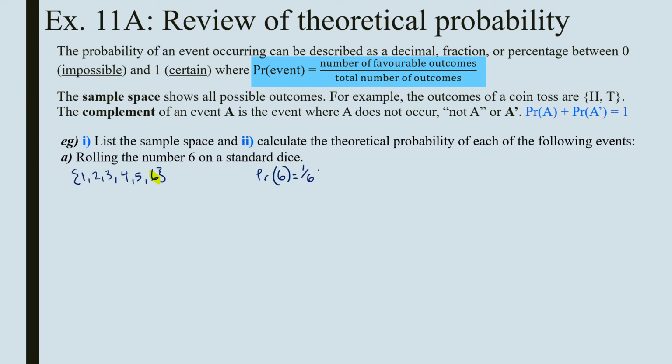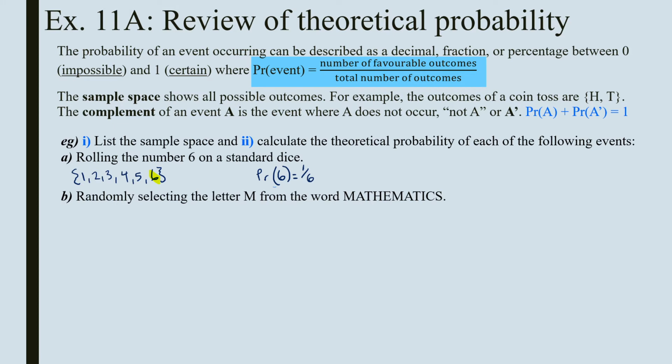So there is one side on a die with the number 6 on it, assuming it's a standard die, and 6 sides total. You can then write that as a percentage or as a decimal if you would like, but in this case, fractions are going to be much neater because our denominator is a 6.